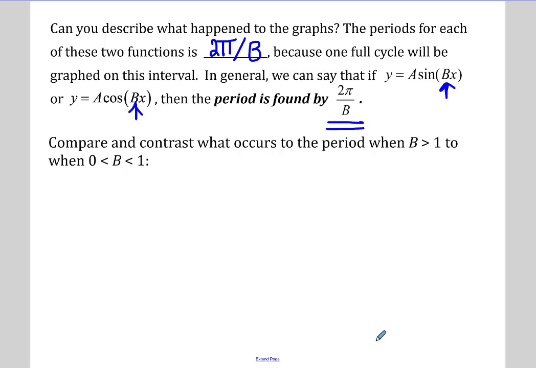And if we compare and contrast what happens to the period when b is bigger than 1, or when b is a fraction between 0 and 1, we can go back and look at our graphs and say that when b is bigger than 1, it shrunk the graph horizontally. So I have a horizontal shrink.